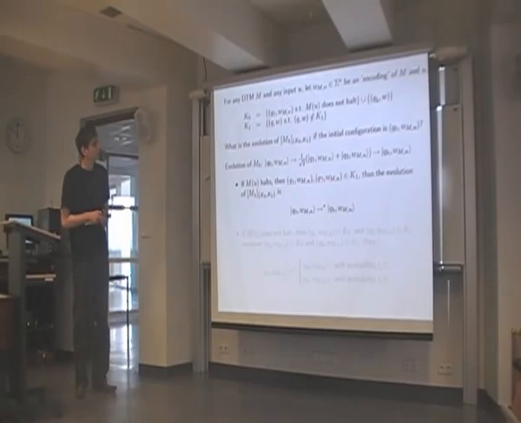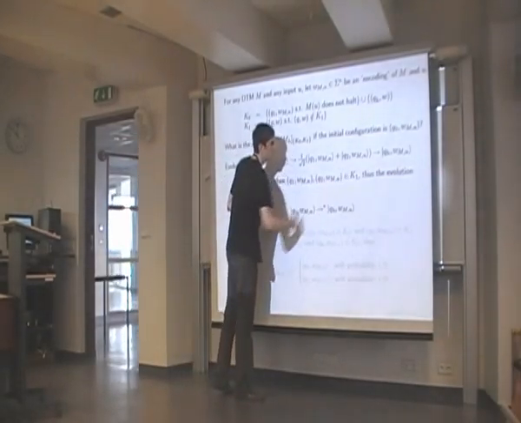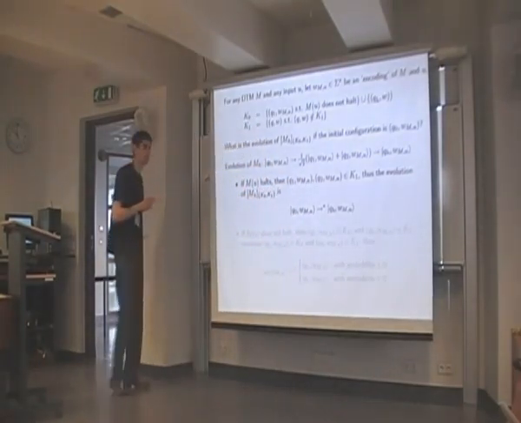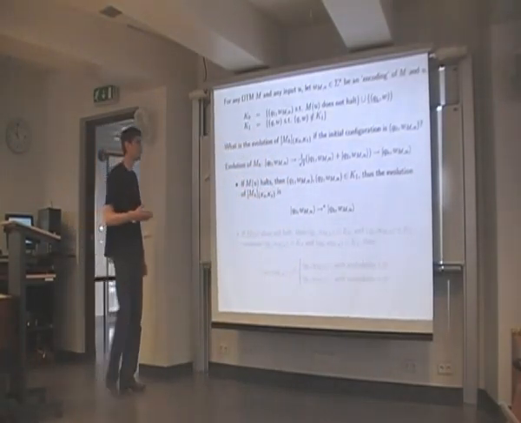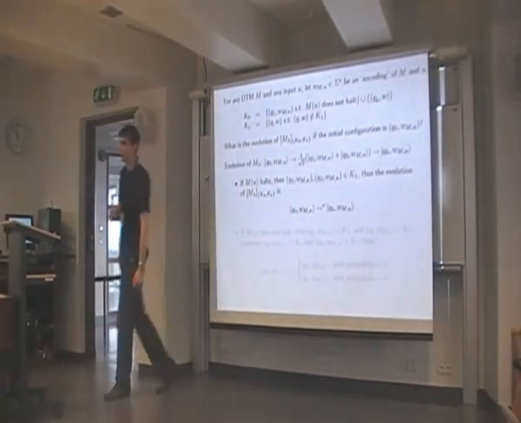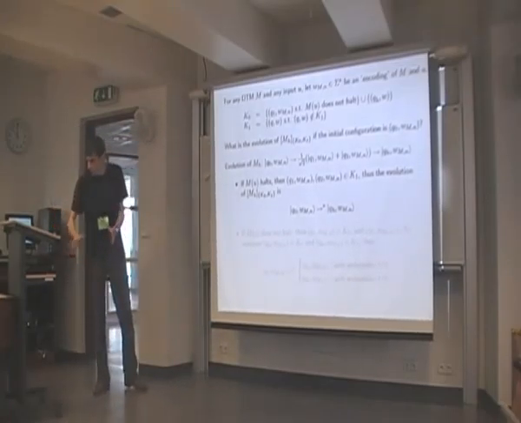Why? Because all the configurations with Q2 are in K1, and since the machine is halting, this configuration is in K1 as well. So we apply a measurement, but these two configurations are in the same region, so the measurement does not affect the superposition. We keep the superposition and apply another measurement, and we have exactly the same evolution as the original quantum Turing machine, because all the states are in the same region.